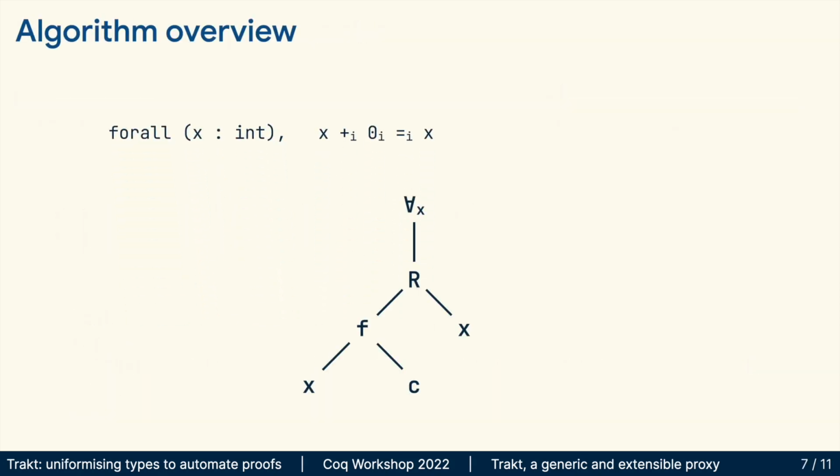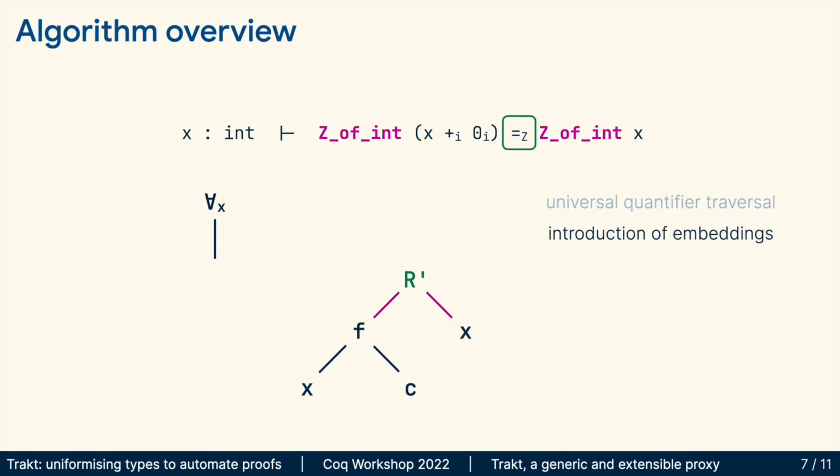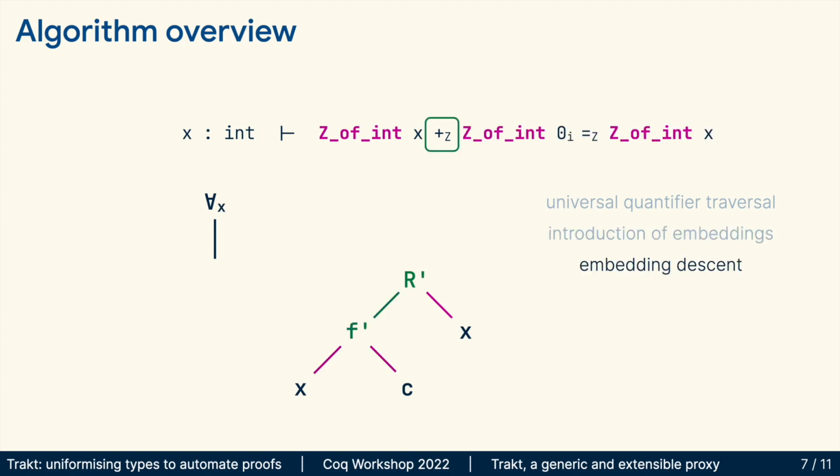So how does the algorithm work? We go under universal quantifiers, then we rewrite the relations into the target relations and introduce embeddings on the arguments. Then we perform an embedding descent thanks to the lemmas on the symbols.